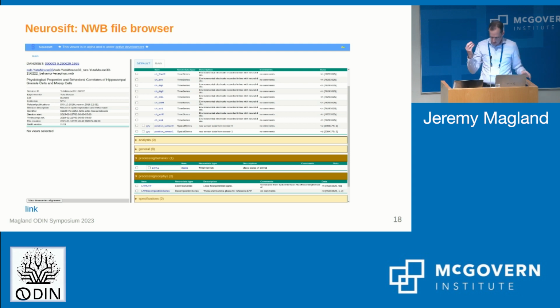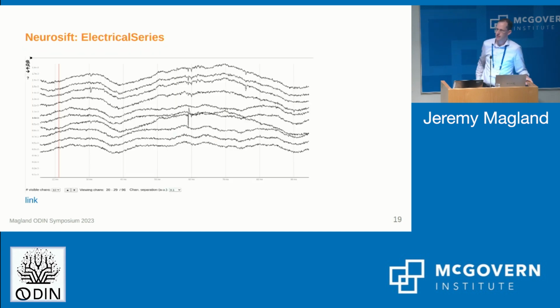For those pieces of data that are neurodata types supported by Neurosift, you can click on those and you immediately can start to browse the underlying data. Of course, there needs to be visualizations for the data type that you want to visualize, but there's a plugin system for that. It works similar to NWB widgets, except the difference is that it's in a client-only web application.